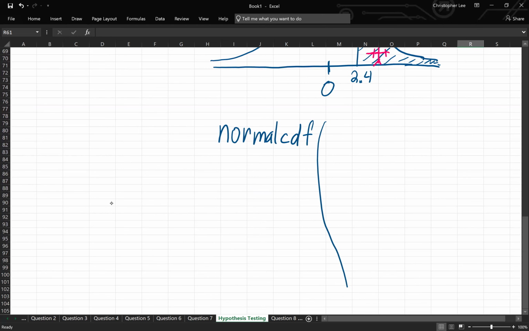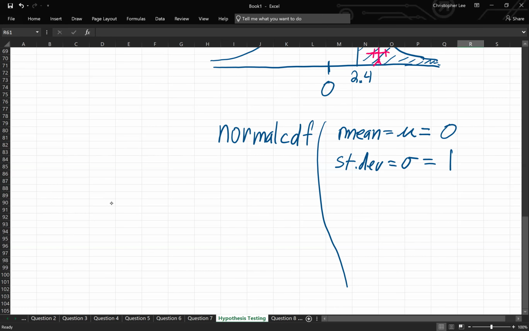Normal CDF. My mean, which is mu, is equal to what number? What is it? Say it again. 0. Very good. My standard deviation, sigma, is equal to what? For a normal distribution, standard deviation is always equal to, give me a number. 1.